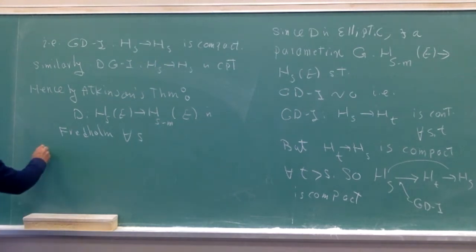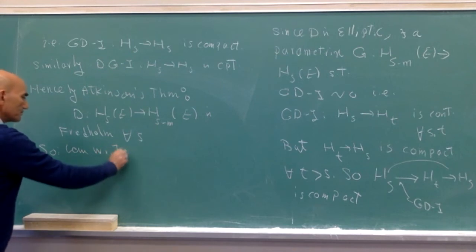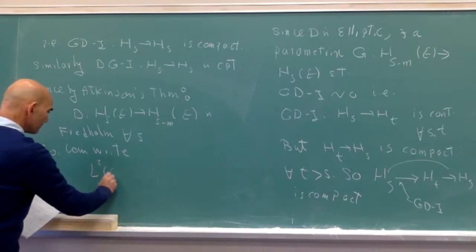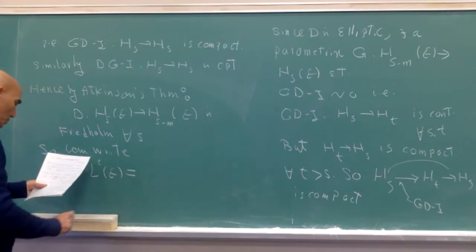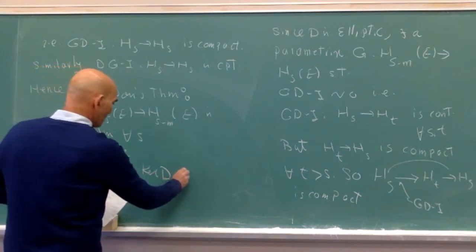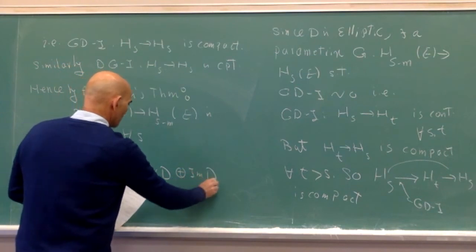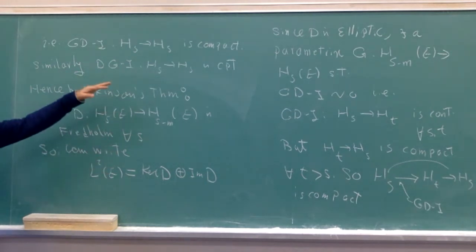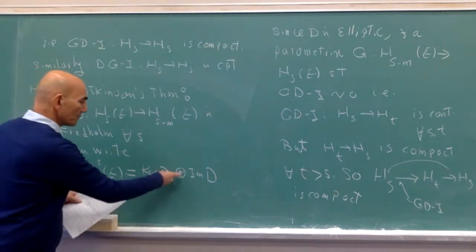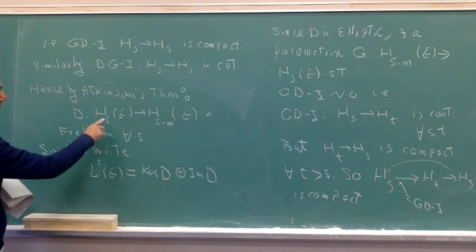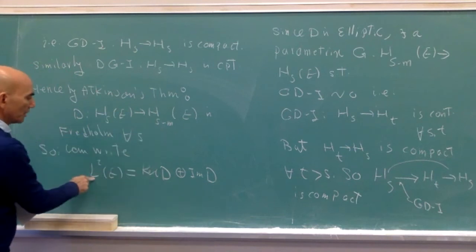So then we can write, now we can do this decomposition: L2 of E is equal to kernel of D direct sum image of D. But now we have to be careful, as I said at first, this kernel of D, image of D, everything now is inside L2 of E, as maps from, for example, H2 to H0, which would be L2.